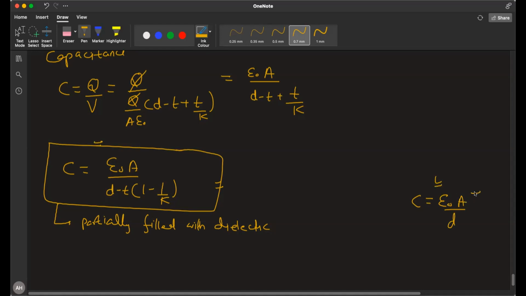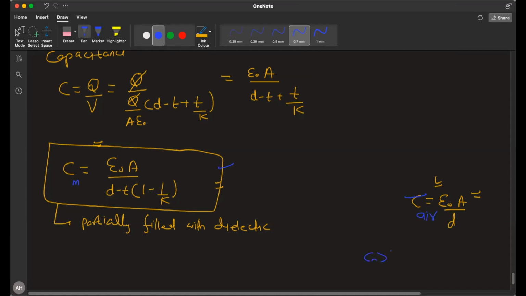This is the capacitance when you have air between the plates, and this is the capacitance when dielectric is partially filled.